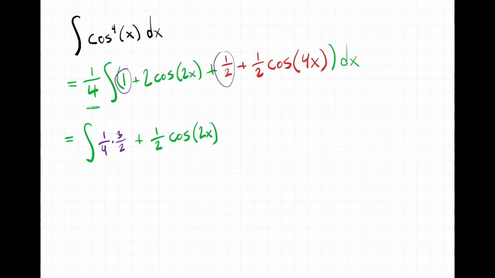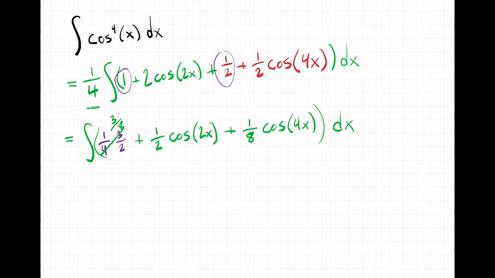And finally, we've got 1/4 of 1/2 cosine 4x. That's 1/8 cosine of 4x. All this is times dx. Maybe now's a good time to cross this out and call that 3/8 instead.